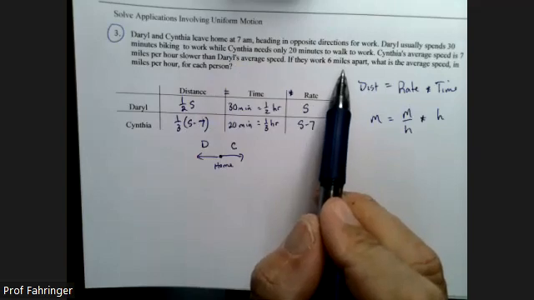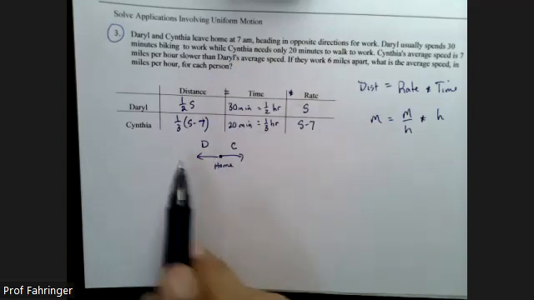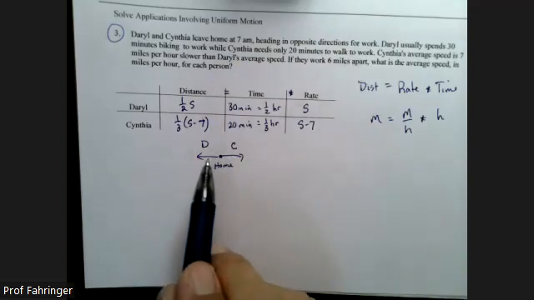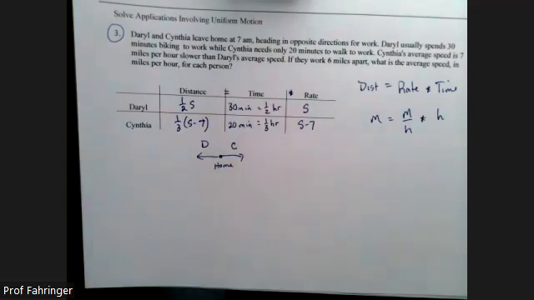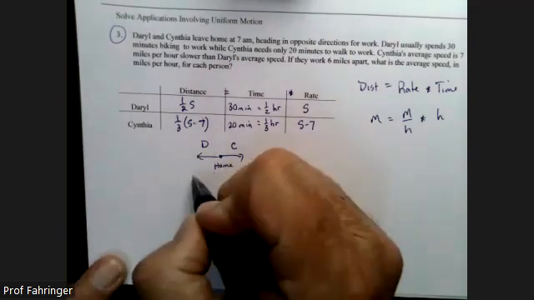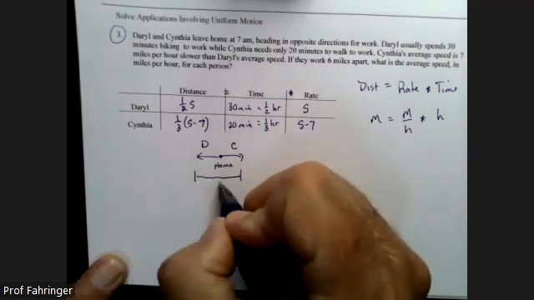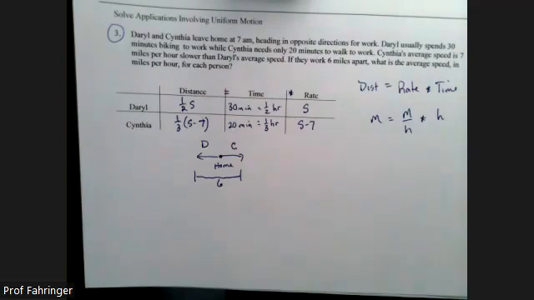They work 6 miles apart. So Daryl goes this way, Cynthia goes this way. What do I know about their distances? They have to... no, not equals. They're going in opposite directions. So this guy right here is 6.